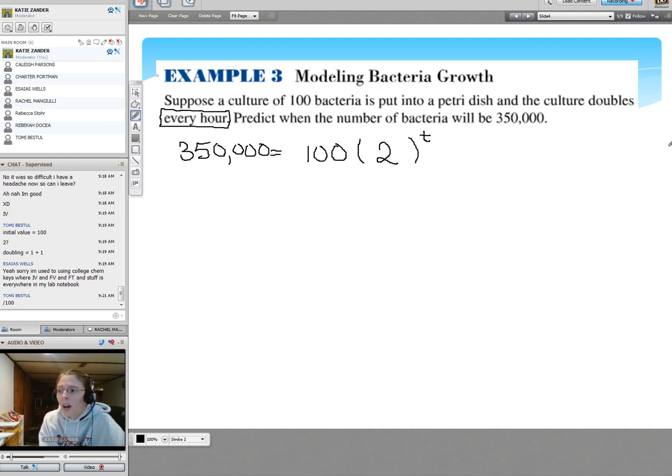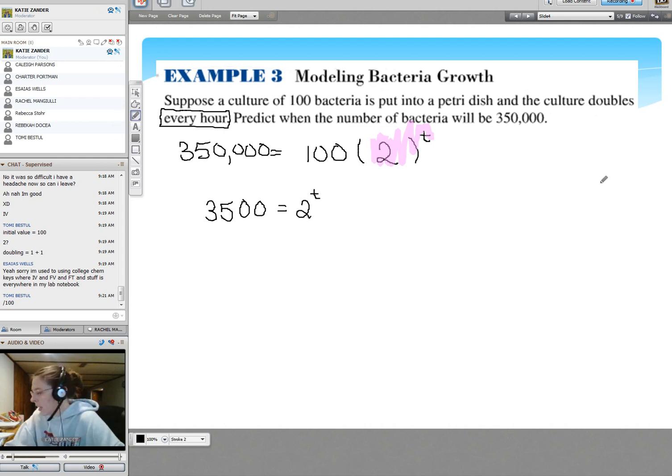So here's where our Algebra 2 skills and Algebra 1 come into play. Tommy's right, we got to isolate the base because that's where the exponent is going to be located essentially. It's attached to the base. So we want to start off by dividing by 100. If I divide by 100, that brings that down to 3,500 equals 2 to the t power.